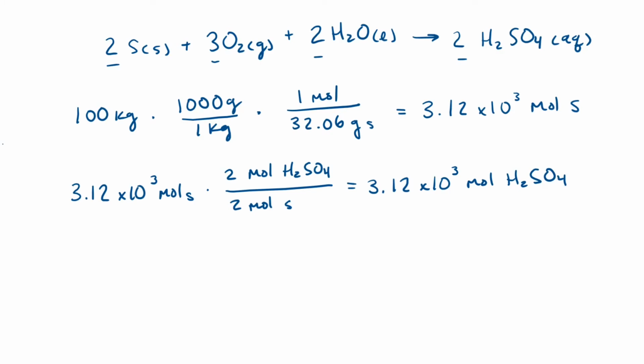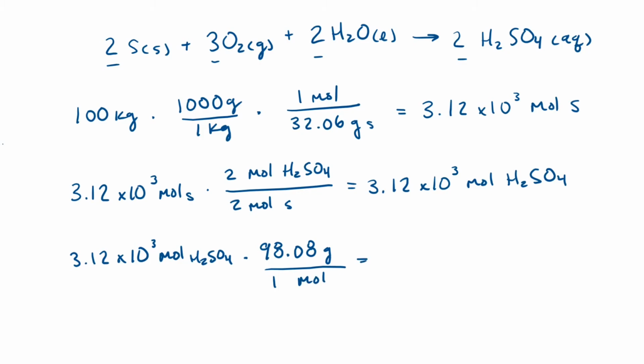Finally, we convert the moles of sulfuric acid back into the mass of sulfuric acid using its molecular mass. And so we see from 100 kilograms of sulfur, we can produce 306 kilograms of sulfuric acid.